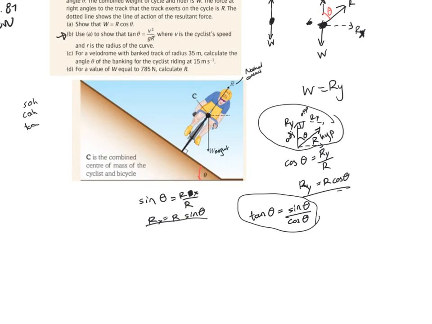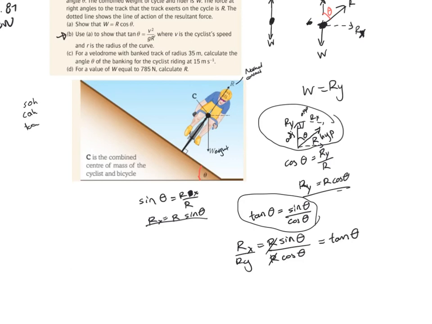So Rx over Ry is equal to R sine theta over R cos theta, the R cancels, and I'm left with tan theta.